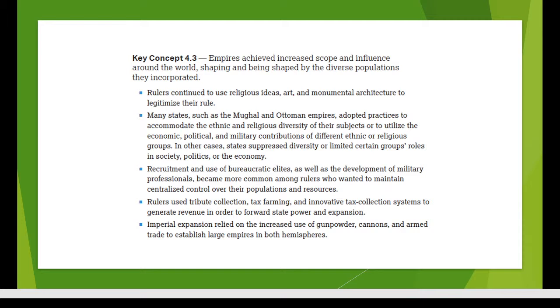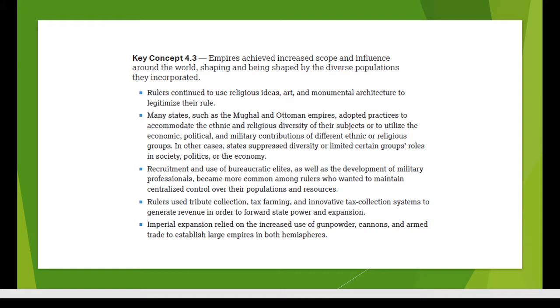And it talks about the Mughal and the Ottoman empires adopting practices to accommodate the ethnic and religious diversity of their subjects, and to utilize the contributions of different groups. Now, remember that the Ottomans had the Devshirme, Christian slaves.